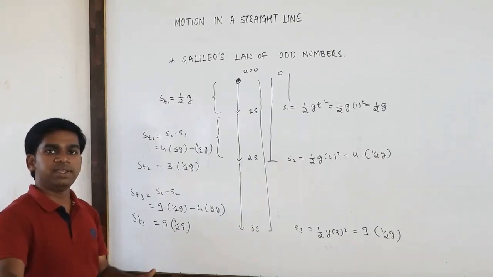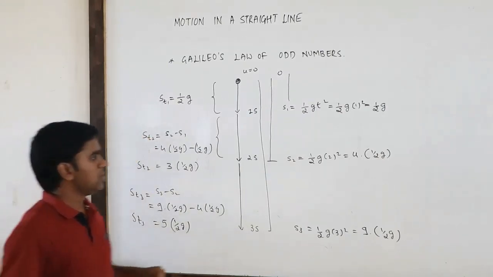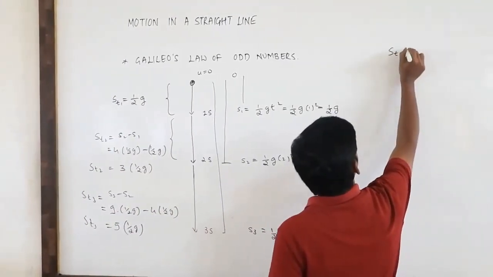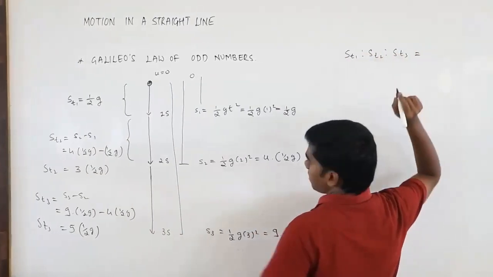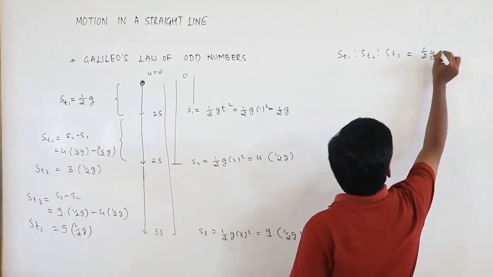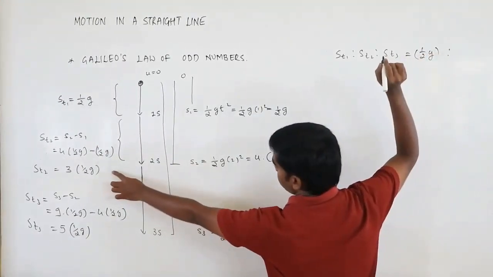Then how is it varying? It is varying in the ratio of odd numbers. So if you take the ratio of S_T1, S_T2, S_T3. So what is S_T1? It is half g. So ratio, this is 3 half g.